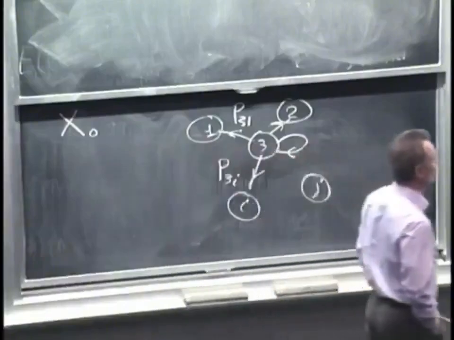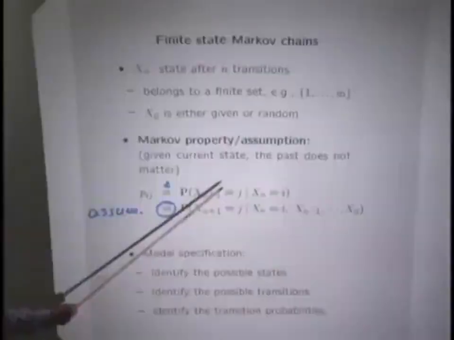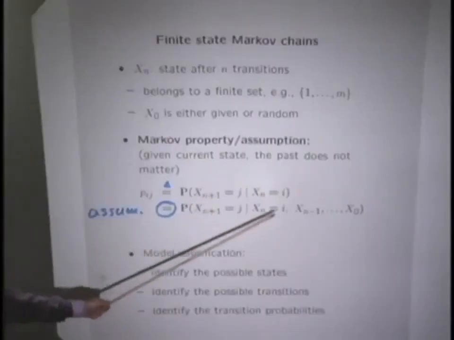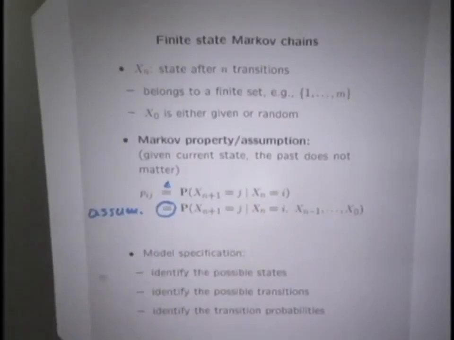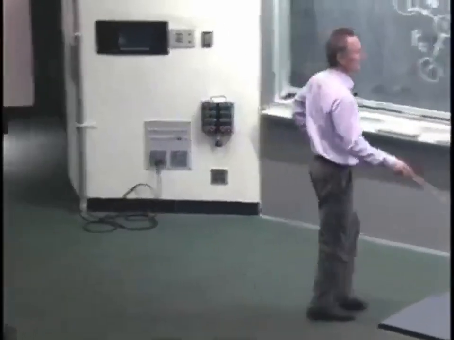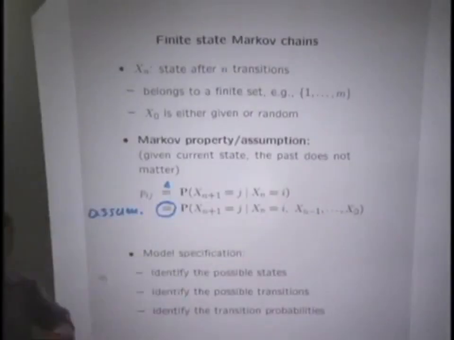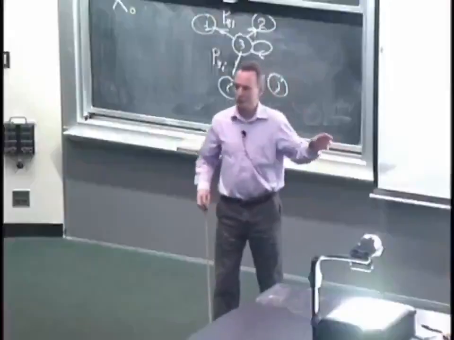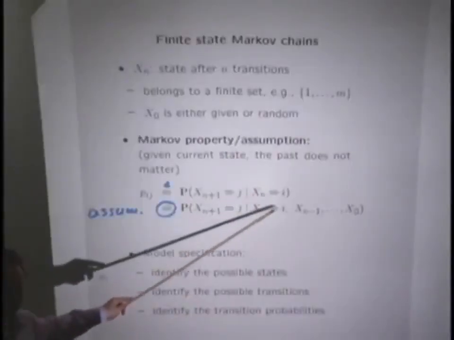Mathematically, it means the following. You have this transition probability that from i you jump to state j. Suppose that I gave you some additional information, that I told you everything else that happened in the past of the process, everything that happened, how you got to state i. The assumption we're making is that this information about the past has no bearing in making predictions about the future, as long as you know where you are right now.